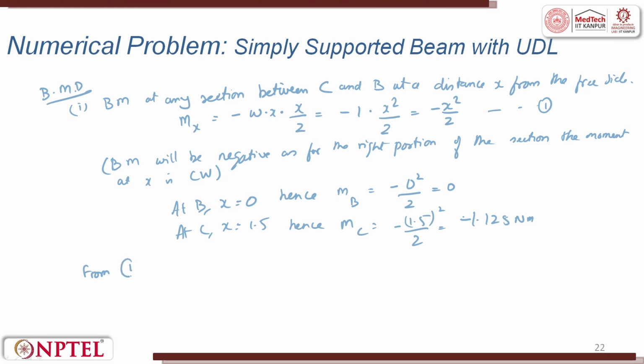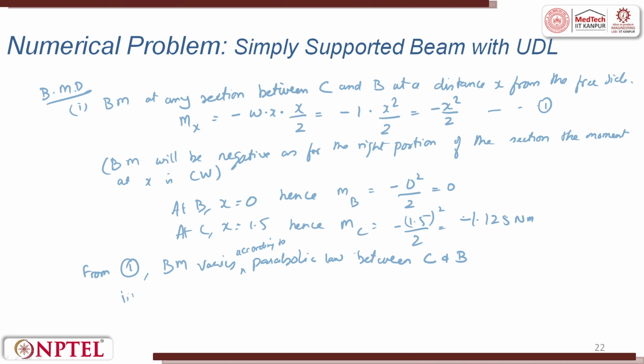From equation 1, it is clear the bending moment varies according to parabolic law between C and B.